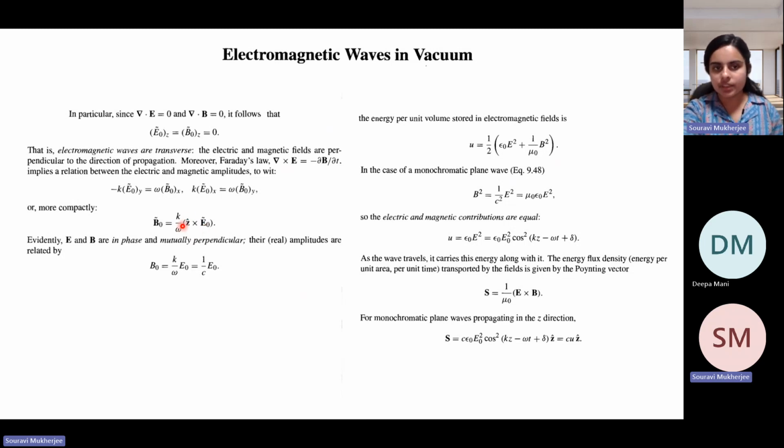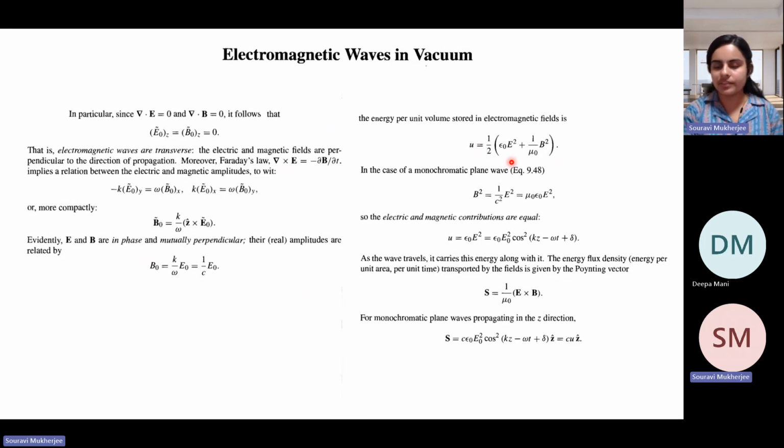So if you know that, you can do a cross product of that, okay, and 1 by omega, that would give you your magnetic field, right? And if you see that your B and E are mutually perpendicular to each other, and this is what their amplitudes are related by. So you have this 1 by c factor. And now you know that in case, what is the electrostatic?